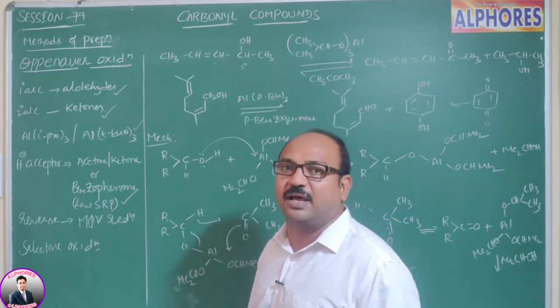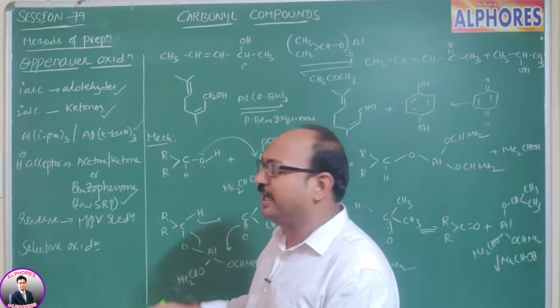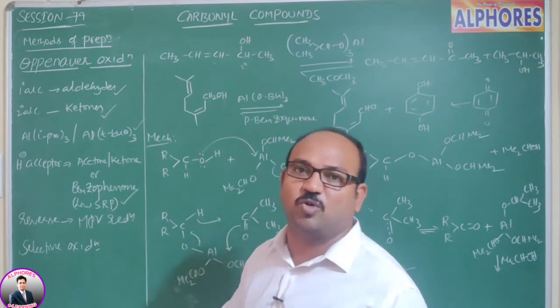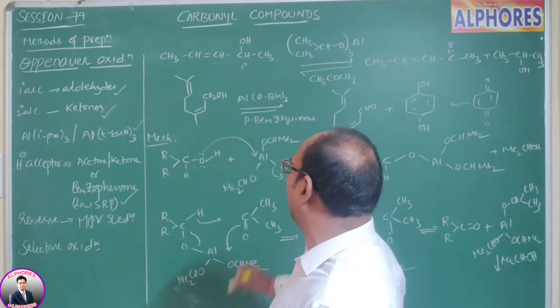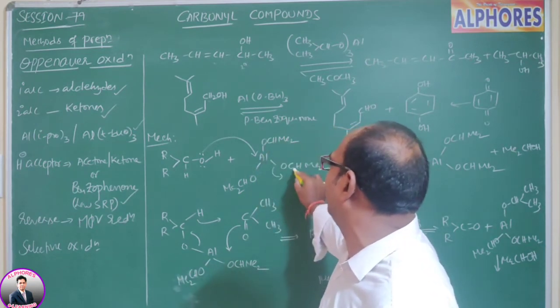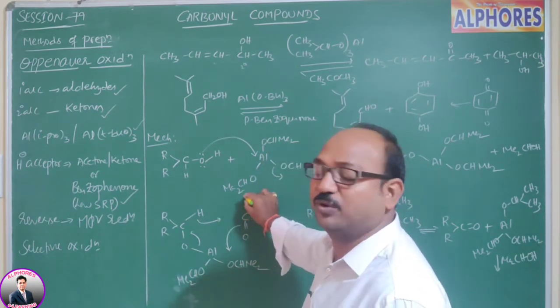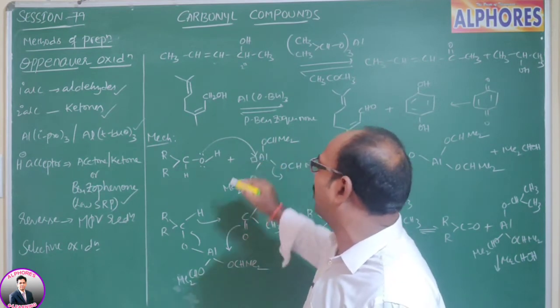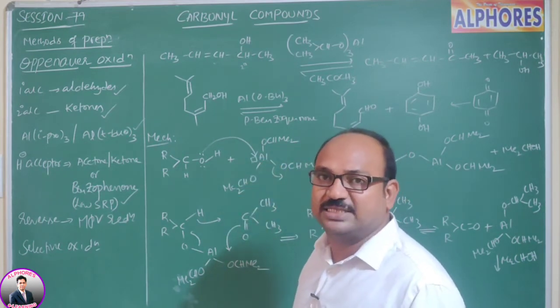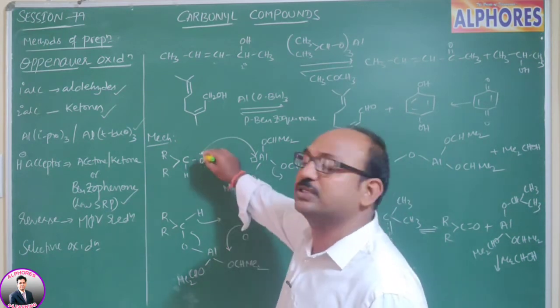This secondary alcohol initially reacts with aluminum isopropoxide or aluminum tertiary butoxide. Here, in aluminum isopropoxide, we have OCHMe2, an isopropyl alcohol derivative. Aluminum is an electron pair acceptor, a Lewis acid, so it accepts an electron pair from oxygen.